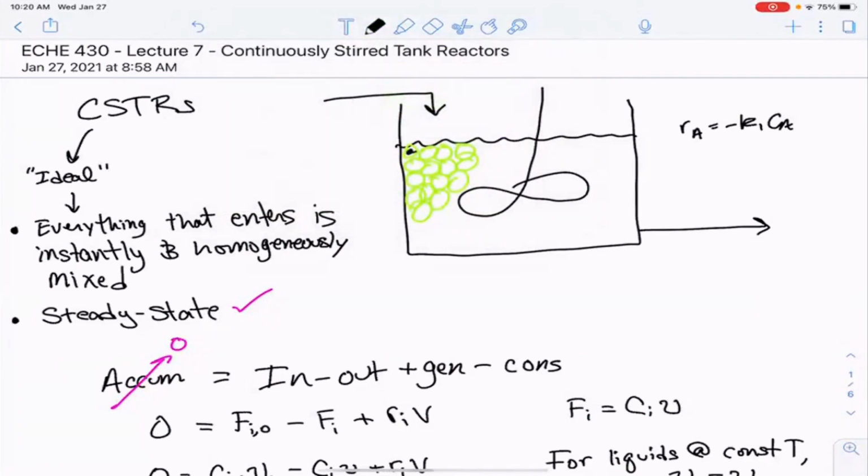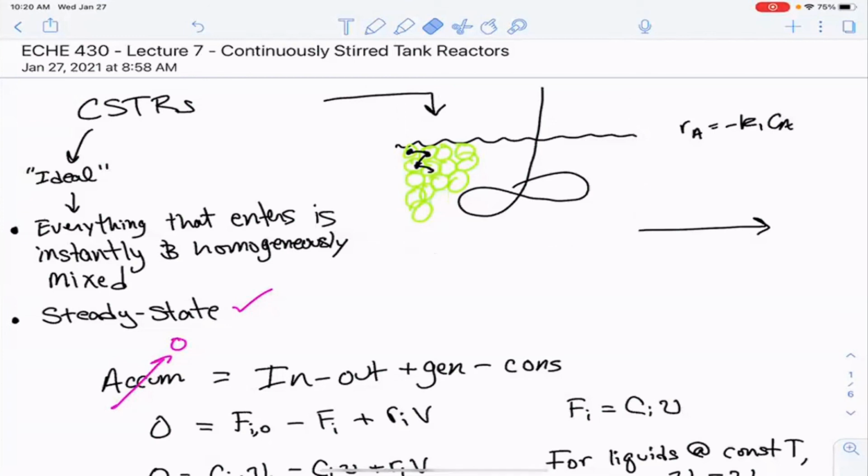Reaction would happen here, then go to the next one, then happen here and go to the next one, happen here and go to the next one. You spend a certain residence time, tau, in each one of those. And really what you're getting to is that an infinite number of CSTRs is like a flow reactor with a very small cross section.